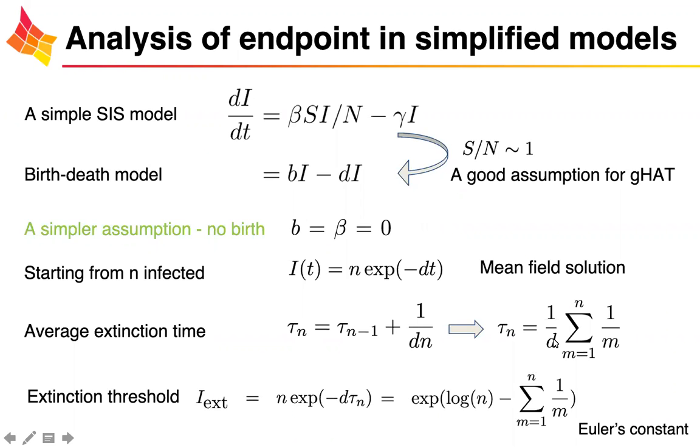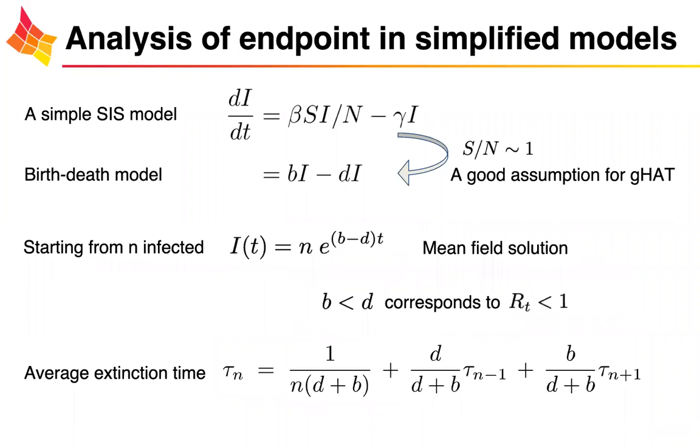And then we can calculate the extinction threshold as the number of infected people at the average extinction time. And for this simplified effective death model, it is given by Euler's constant.